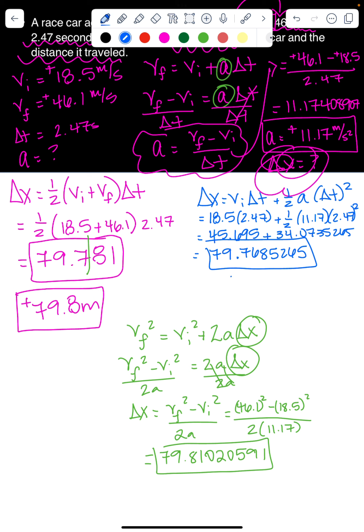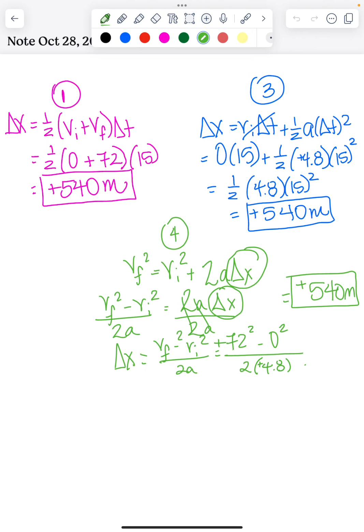This one would be positive 79.8 meters. The last one would be positive 79.8 meters.